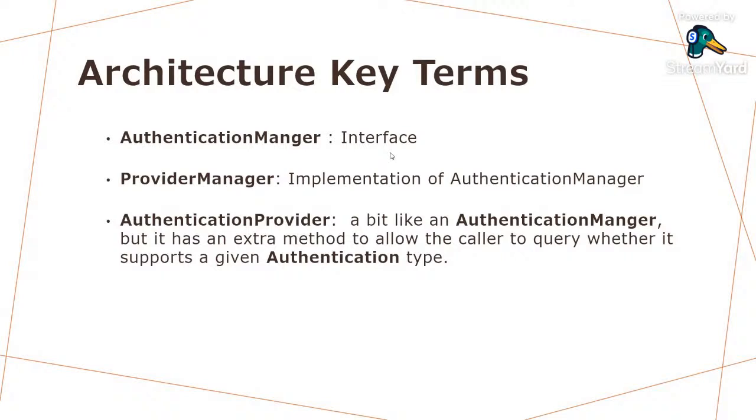You are getting authenticated, but who's verifying it is a different process itself. So this provider manager can have different kinds of authentication providers that will allow you to authenticate with different systems, so that if you use one kind of method, say OTP, that authentication provider will be used.